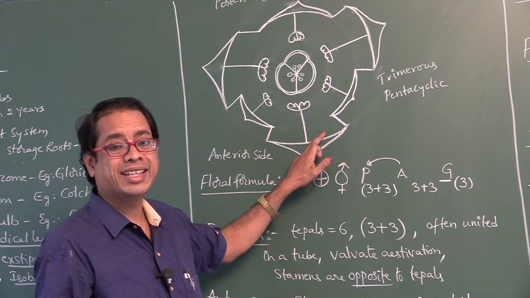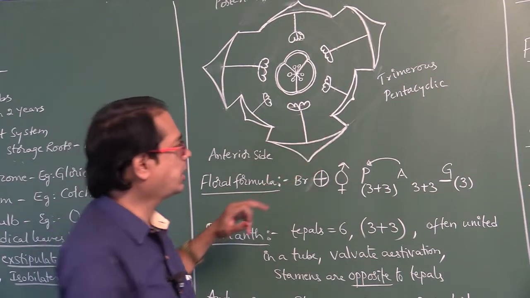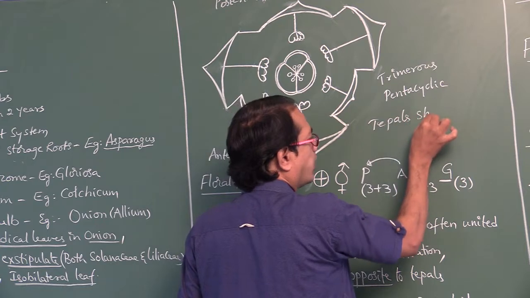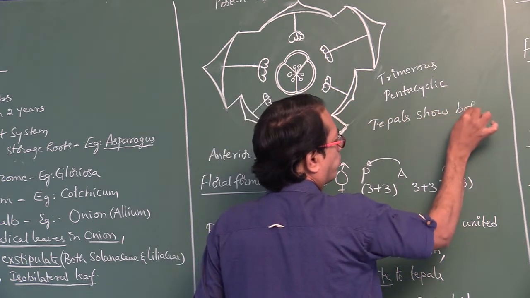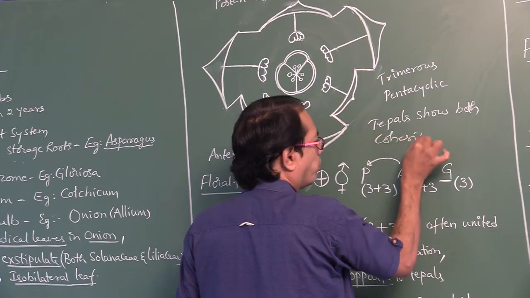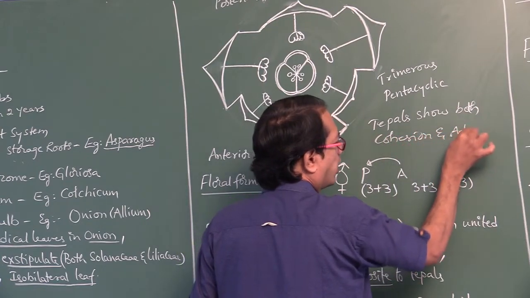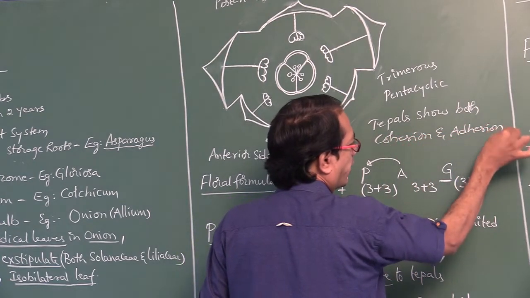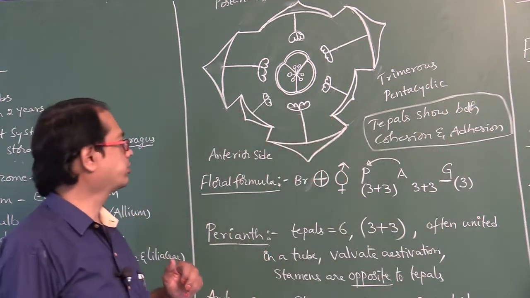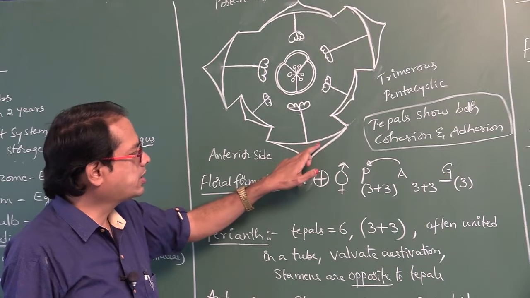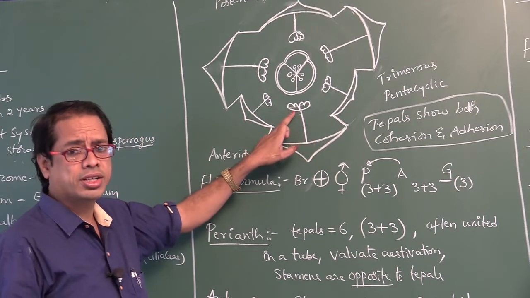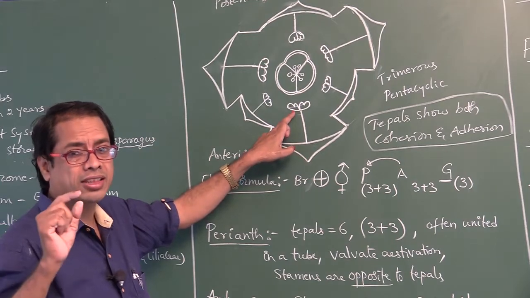Tepals are fused. So tepals show both cohesion and adhesion. Tepal is attached to another tepal: cohesion. This tepal is attached to stamens: that is dissimilar parts attachment, so-called adhesion.